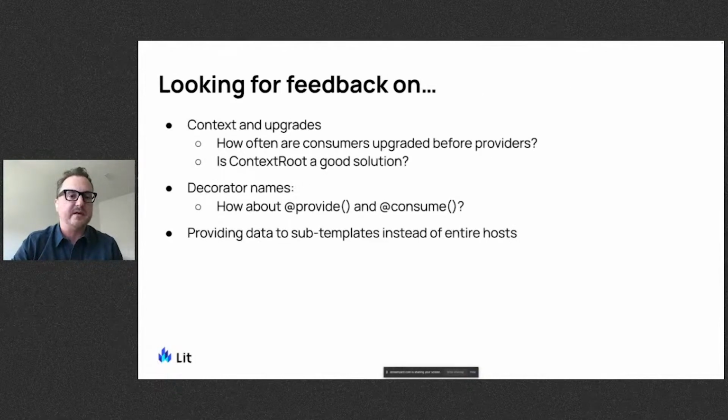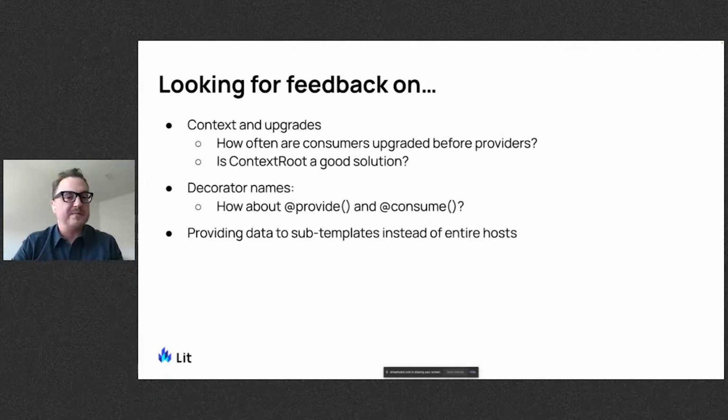Specifically, we're looking for feedback on a couple of issues. One is upgrades. So if you have lazy element upgrades, how often do you need to upgrade a consumer before a provider, asking for a value before it's available? We have a solution for that called context root. We want to get some feedback on if it's good. The decorator names, they're a little bit long and they only differ by one letter, so they're kind of hard to differentiate.